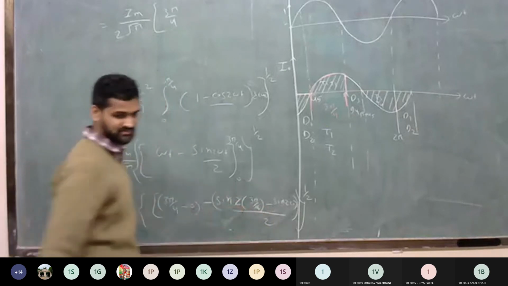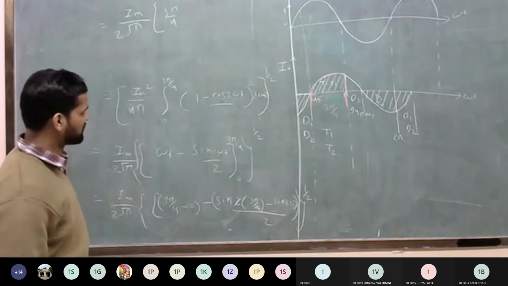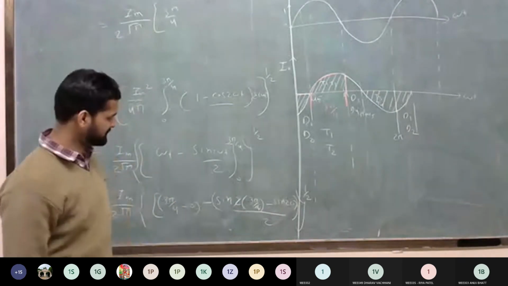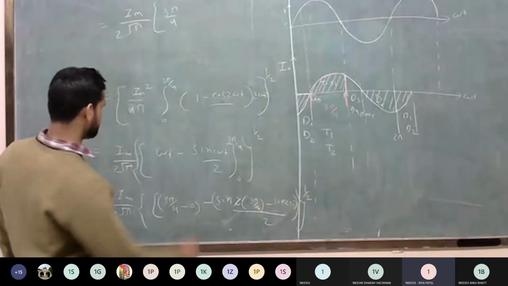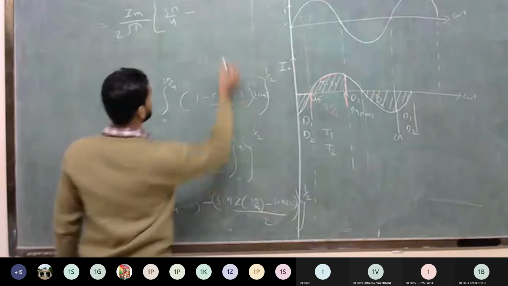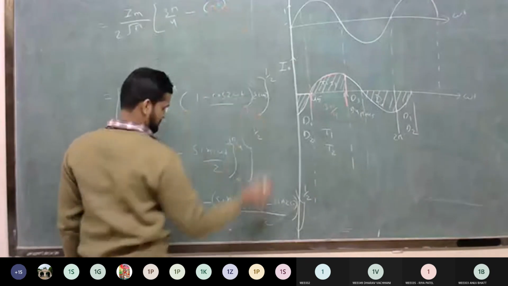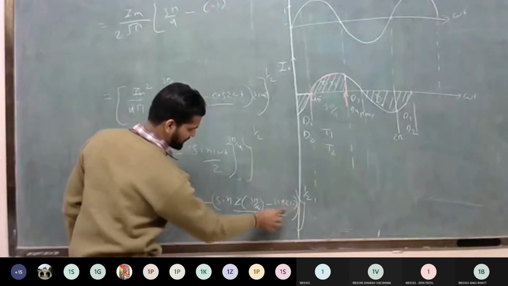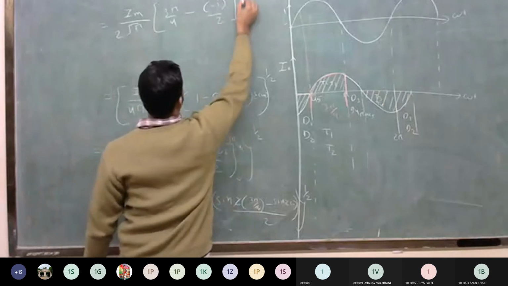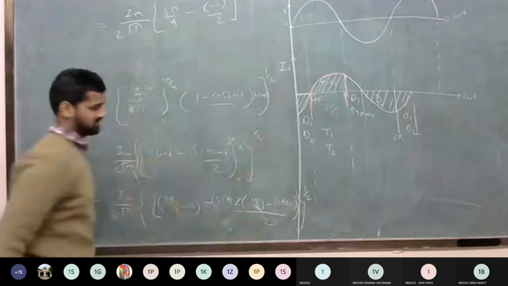So what is sin 3 pi by 2? It is minus 1. And sin 0 is 0, divided by 2. So it is minus 1 divided by 2, raised to 1 by 2.